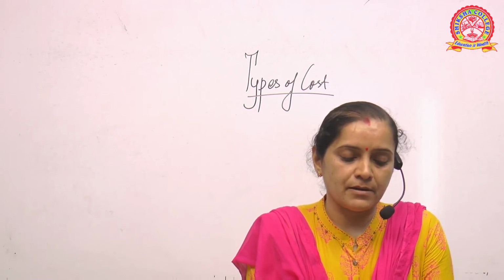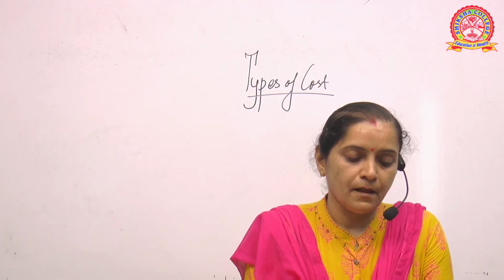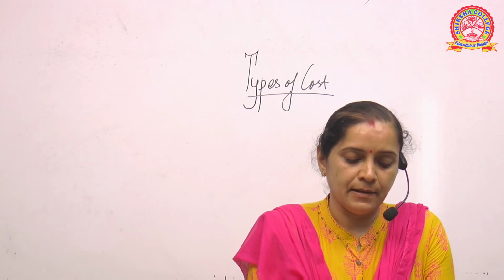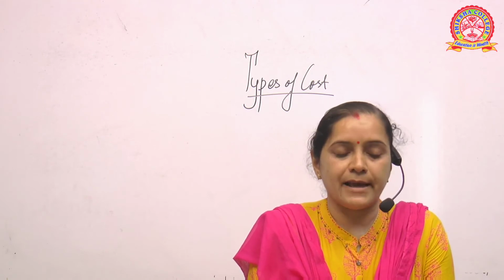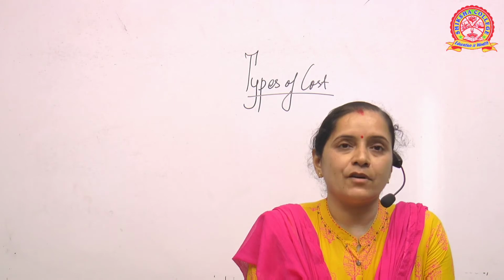When we are saying cost, we are saying that cost is nothing but an expenditure. This can be considered in terms of money. You can calculate in monetary terms, or we can say what the expenditures are.